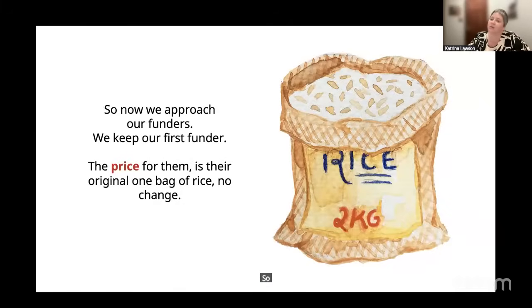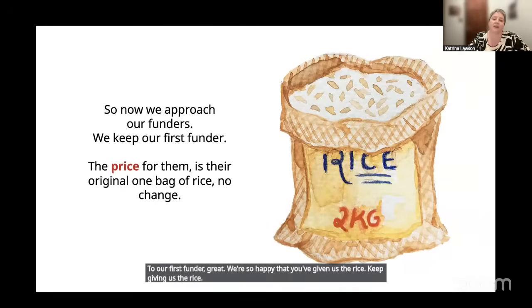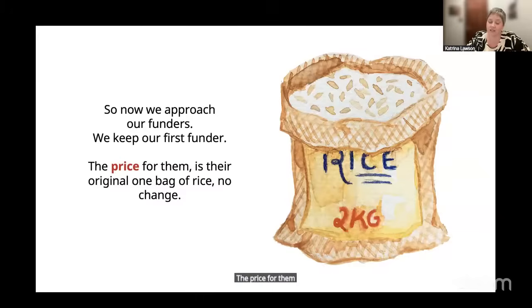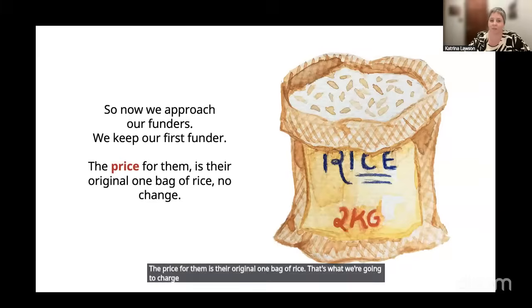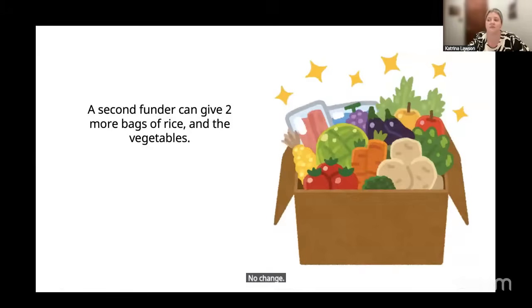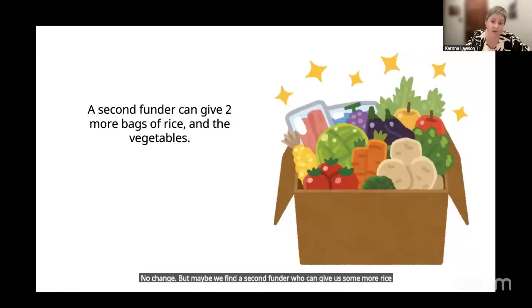So now we can approach our funders. We can say to our first funder, great, we're so happy that you've given us the rice, keep giving us the rice. The price for them is their original 1 bag of rice. That's what we're going to charge them as our 1 bag of rice. No change. But maybe we find a second funder who can give us some more rice and the vegetables, right?